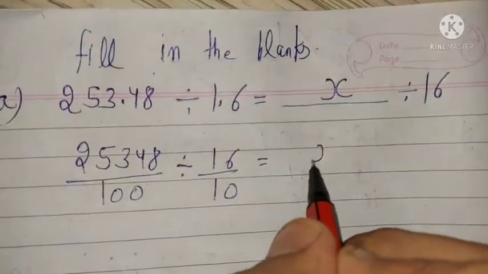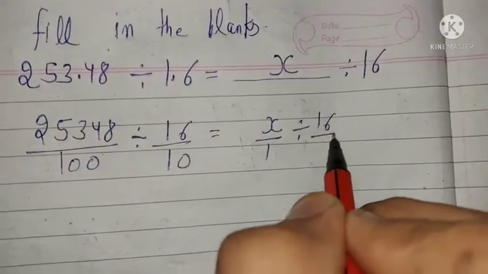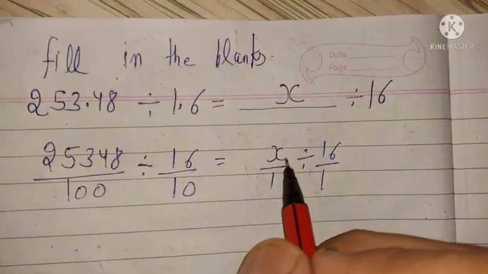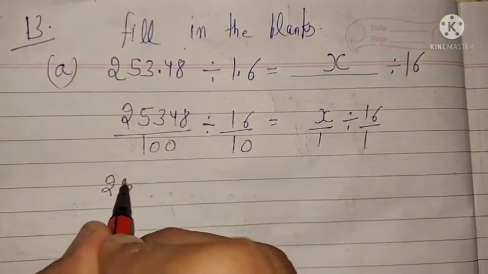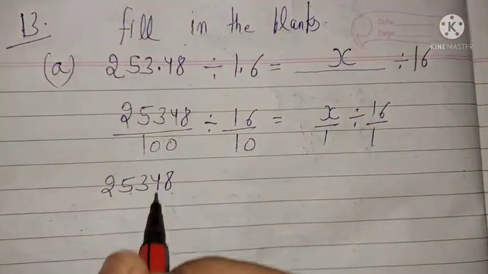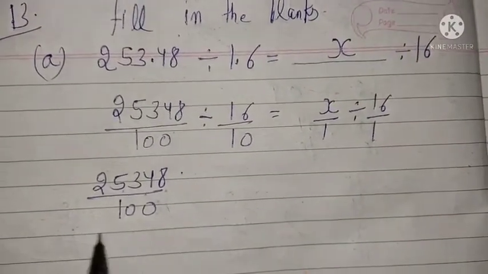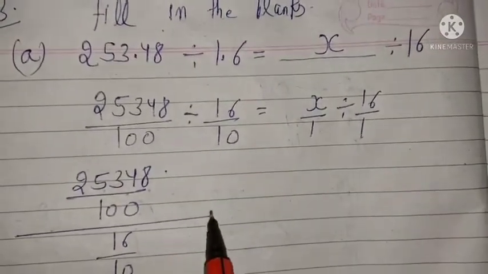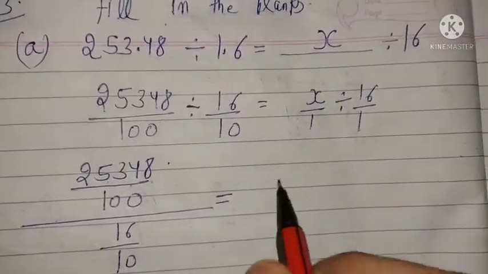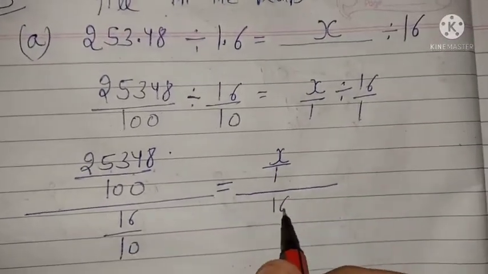So it would be x by 1 divided by 60 by 1. You have to convert this also to a fraction, this also to a fraction. I've told you to write the first fraction as it is, and now it would become divide 16 by 10, then equal to, then x by 1, then divide, then 60 by 1.